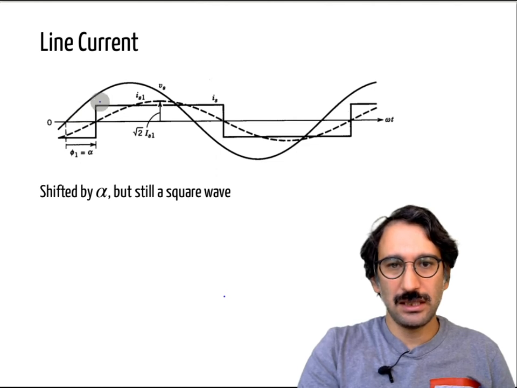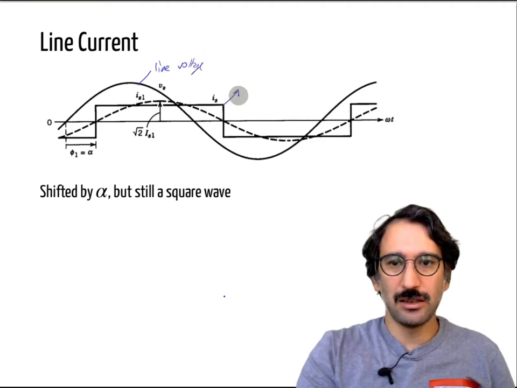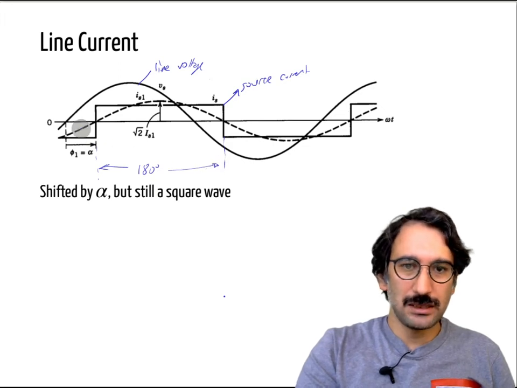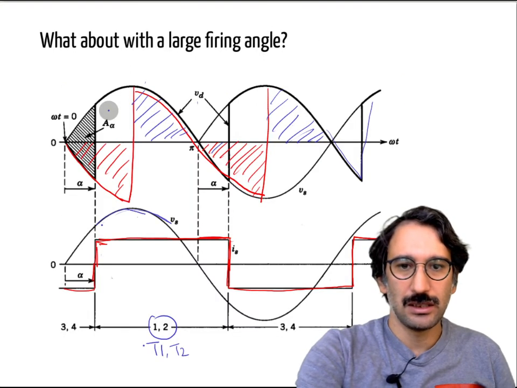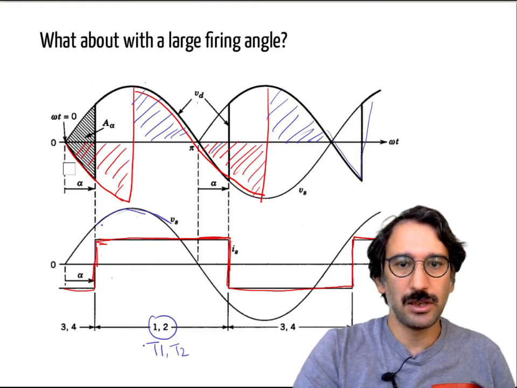So this is our line voltage, and this is our source current. It is a square waveform of 180 degrees.